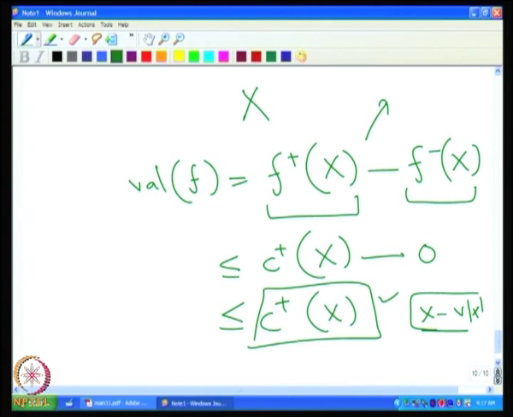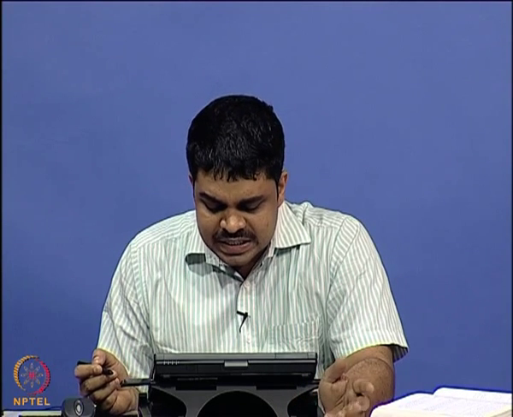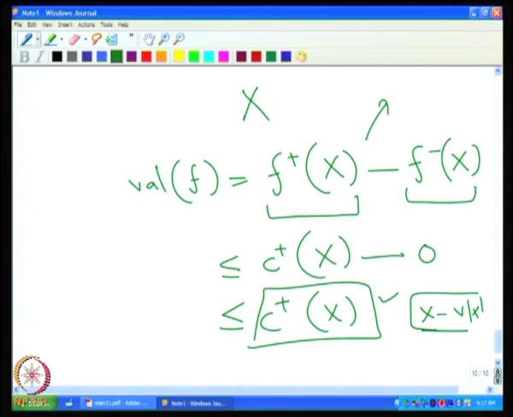But then one will ask, okay, this is an inequality, the value of the flow for any flow is less than or equal to the capacity of any cut, but can it ever be equal? If you carefully look at this, you can easily see that if it is equal, then this has to be 0 and this has to be equal to C plus of X, otherwise how can it be equal, because in both cases here it should achieve the maximum possible, and here it should achieve the minimum possible.